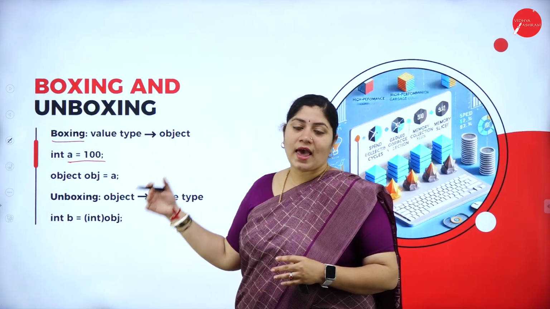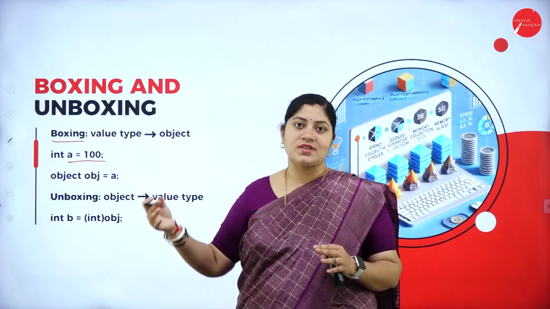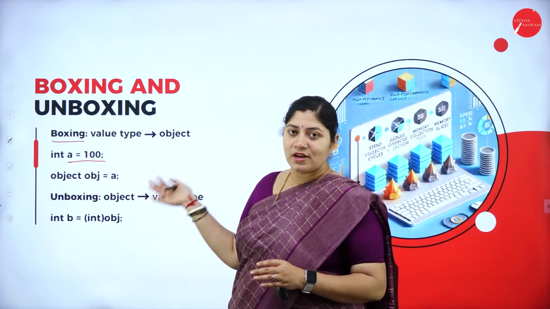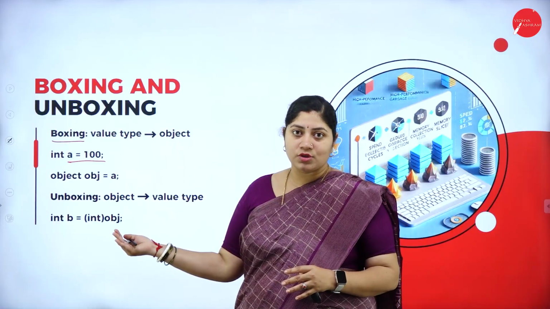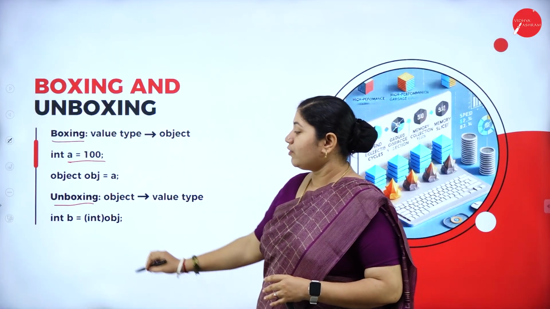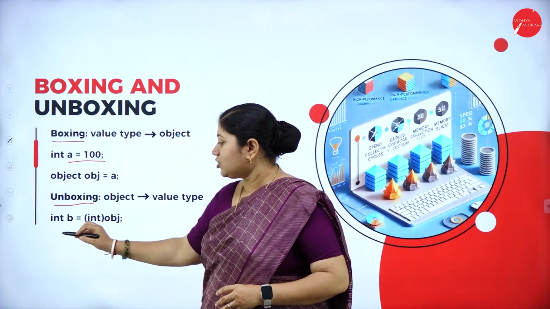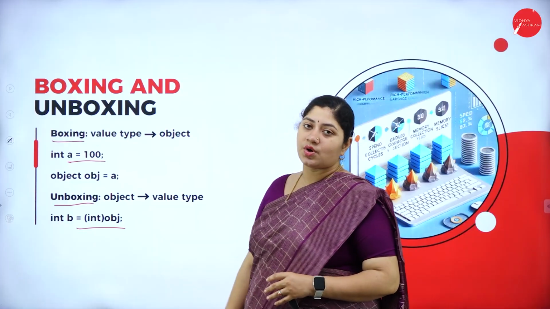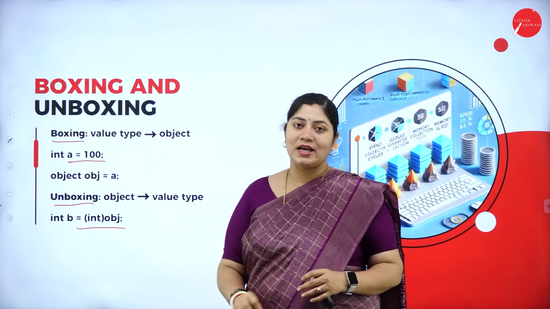At that time we can convert the value types to objects by boxing. Similarly, we can convert the object back to the value type, which is known as unboxing. The example for unboxing: int b equals (int) of object. So this is boxing and unboxing.